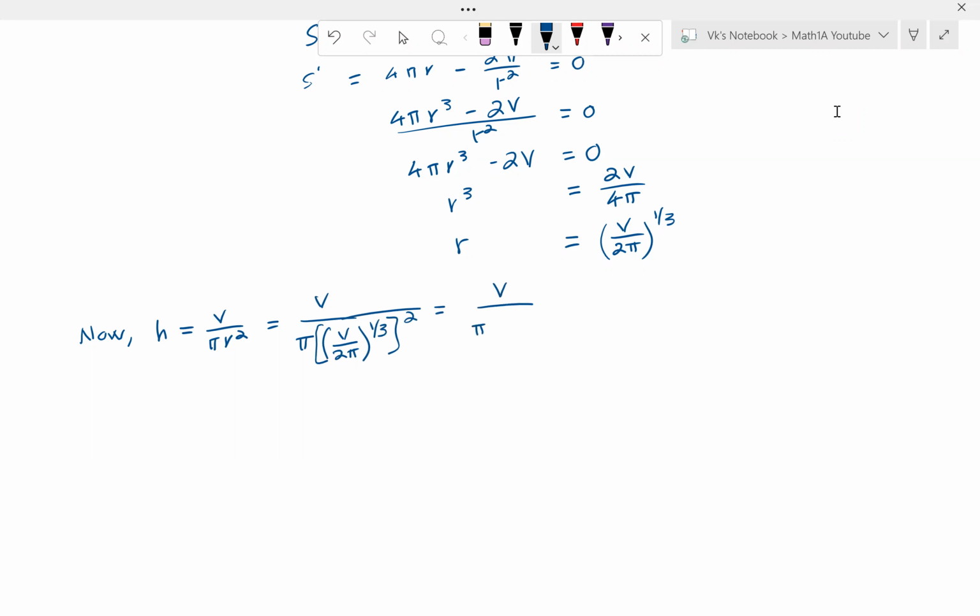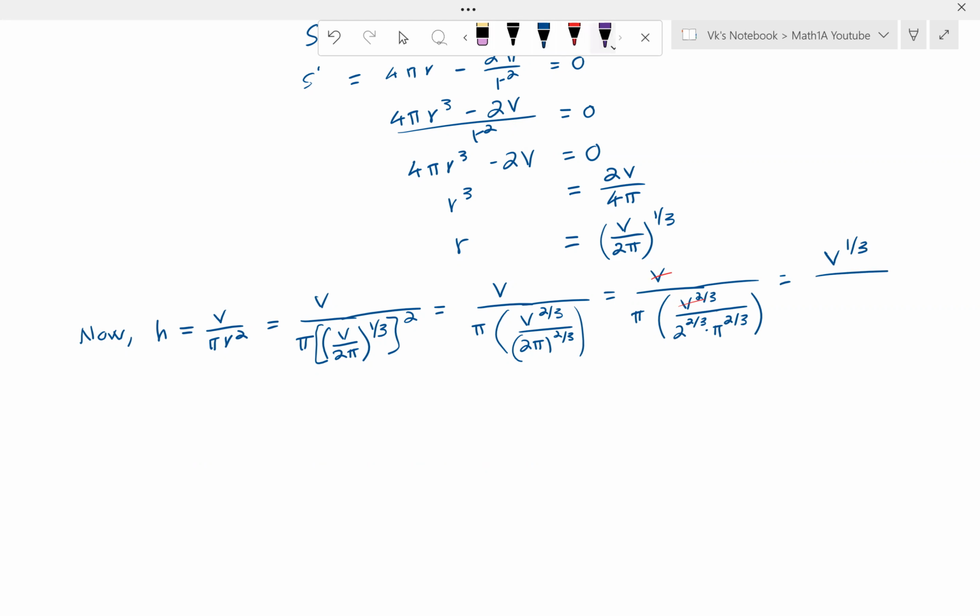V over pi, v to the 2 over 3 over 2 pi to the 2 over 3. V over pi times v to the 2 over 3 over 2 to the 2 over 3 times pi to the 2 over 3. From here, we can simplify the v and the v to the 2 over 3, which give us v to the 1 over 3. We can also simplify pi and pi to the 2 over 3, which give us pi to the 1 over 3.